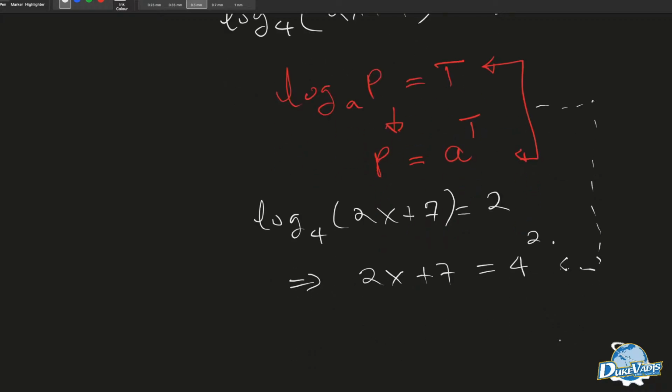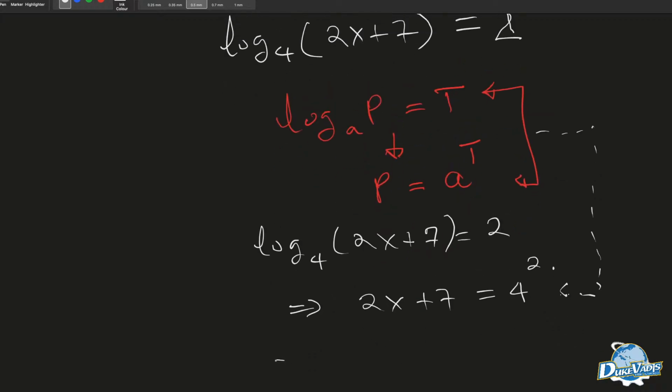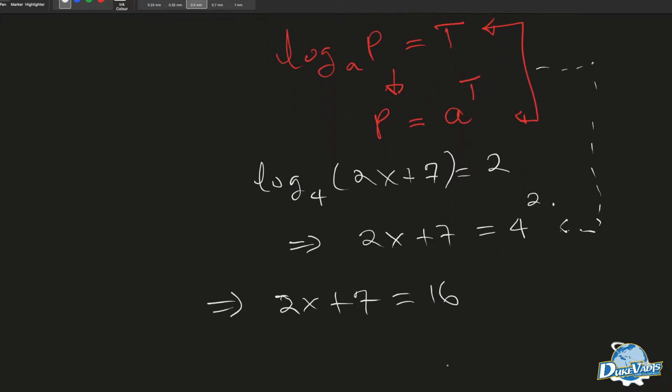So straight on, we can see that 4 squared will be equal to 16. Have you seen that? When we square 4, we get 16. So we have 2x + 7 equals 16.